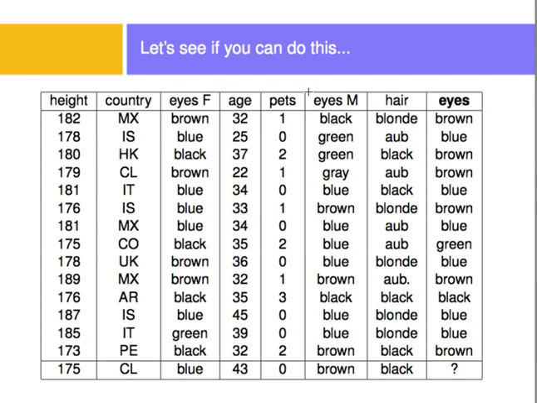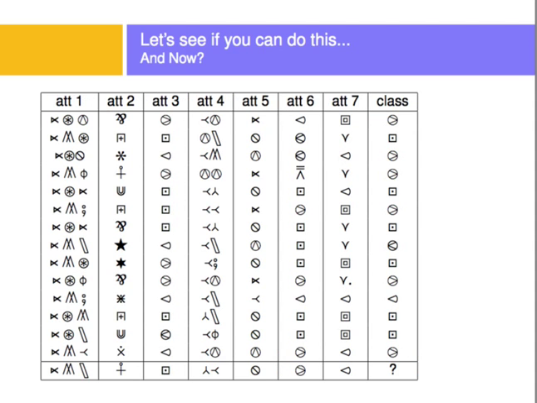Now, in here, we have a lot of background knowledge. We know about genetics, so blue eyes and blue eyes are probably going to have a blue-eyed offspring. We know about certain ethnic components of the countries in which these people live. But to a computer, this data set looks like this. Not exactly like this, but something like this. Finding a pattern here is a lot harder because we don't have any contextual information.